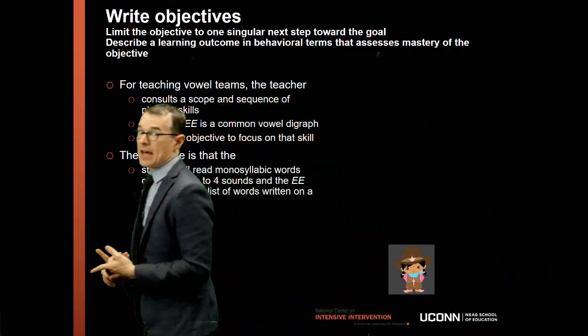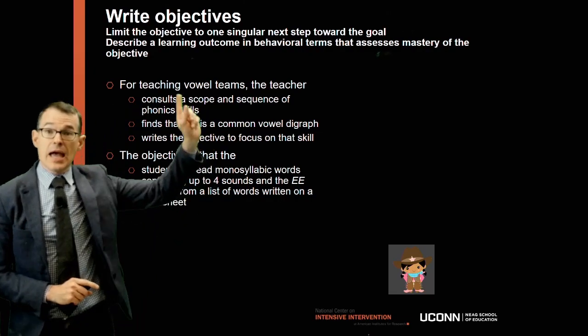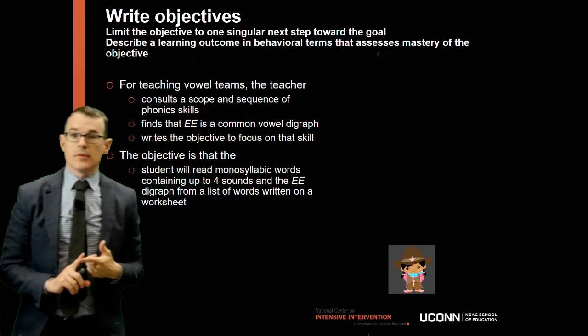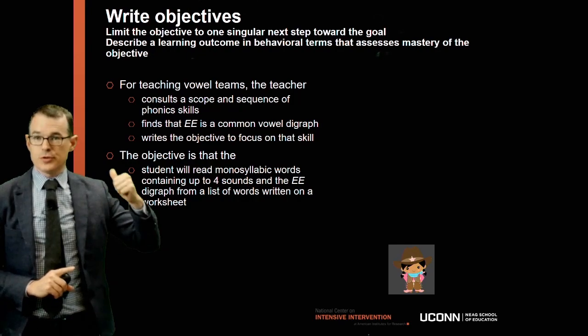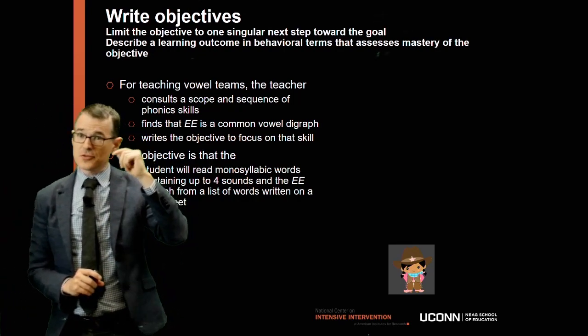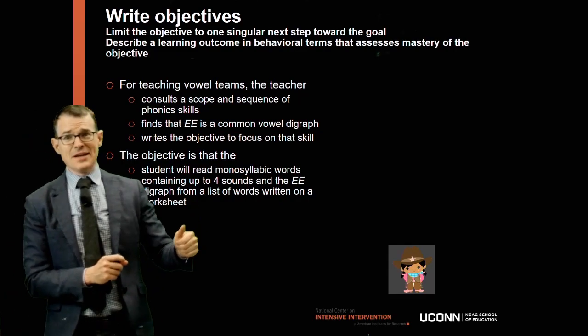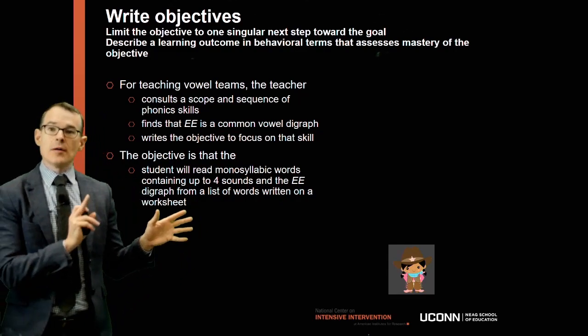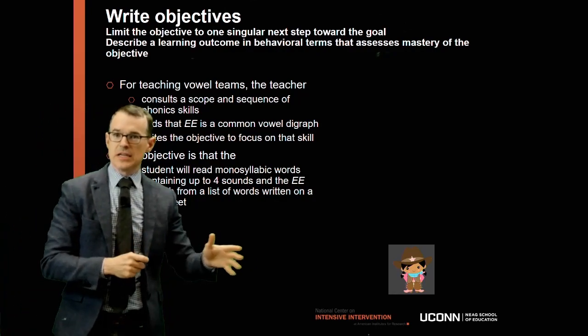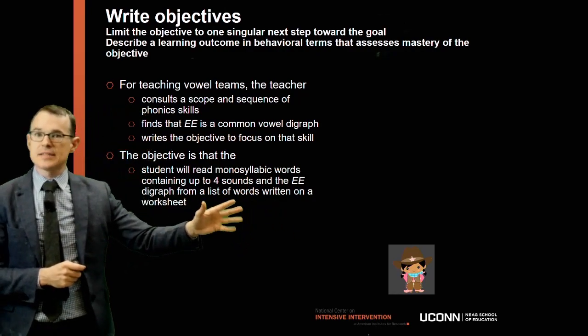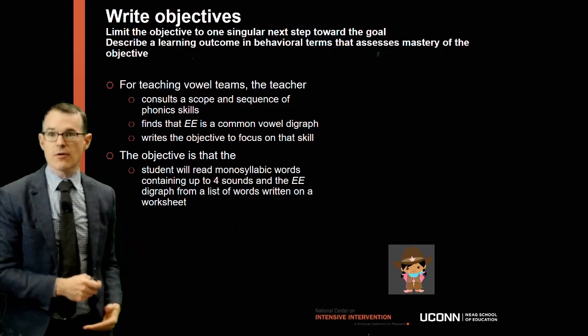The first thing is that the objective has a singular focus. What do we think? Thumbs up, thumbs down. You could give a thumbs up to the computer or a mental thumbs up if you didn't want to be thumbs upping at the computer. And in this case, I would give it a thumbs up myself. Two thumbs up, like a movie. Because it has the EE digraph, all the words have the EE digraph in them.